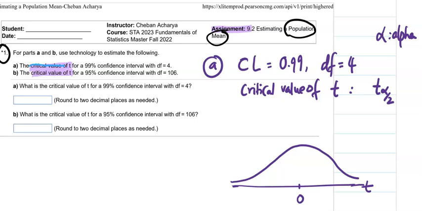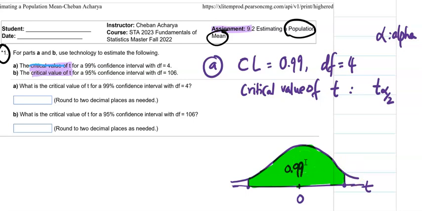Okay, so a 99% confidence interval, in other words 99% CL, means this middle area here is 0.99. Every time you find the critical value for a given confidence level, you have to see that confidence level as an area. The total area under the curve is 1, and 0.99 is covered by this.